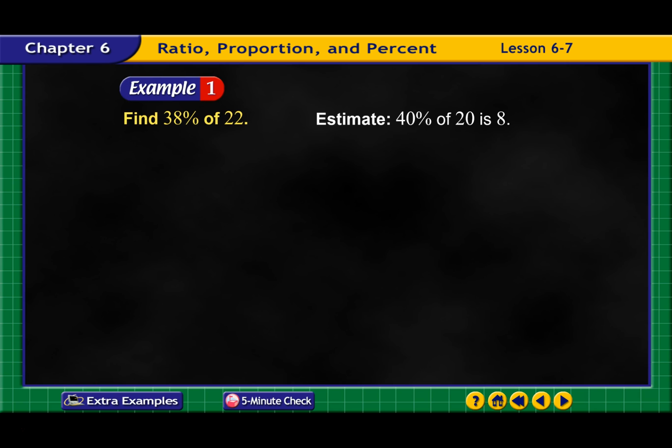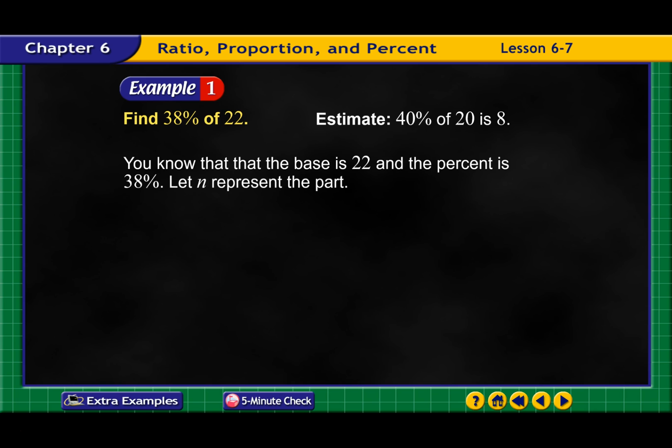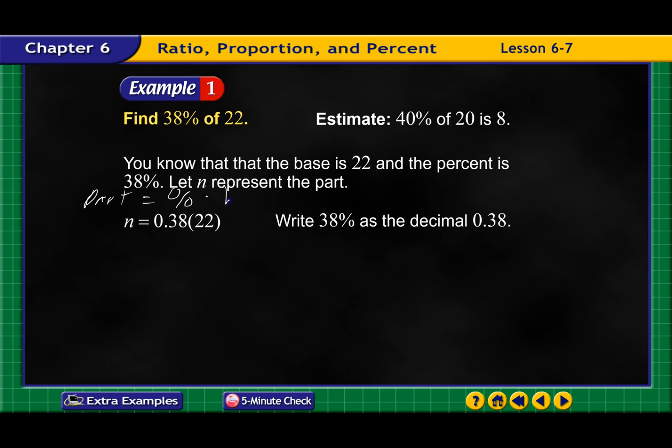So first, find 38% of 22. Estimate: 40% of 20 is 8. You know that the base is 22 and the percent is 38, and let n be the part. I'd really like them to make you write out the formula first, so I would do part equals percent times base.